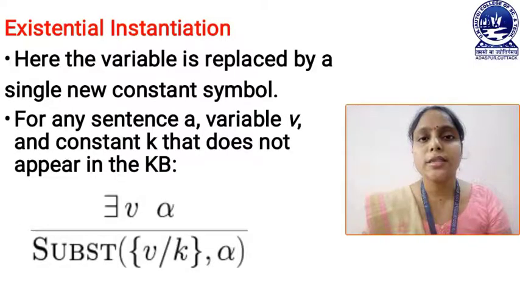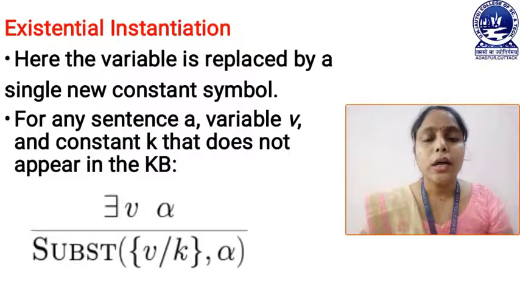Next one is existential instantiation. Here the variable is replaced by a single new constant symbol. That means in existential instantiation the variable is substituted by a constant, and that constant does not appear anywhere else in the knowledge base.